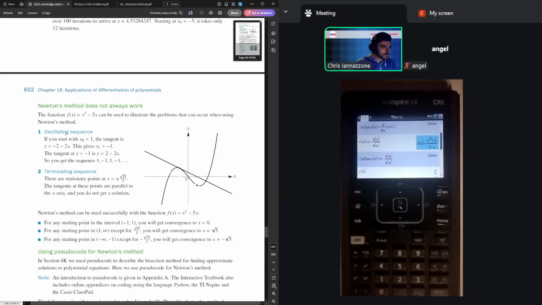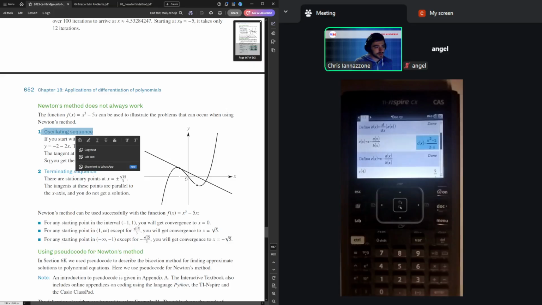The question that you get in the SAC or the exam won't necessarily be, hey, why doesn't Newton's method work? The one that I remember from an exam was something to the effect of, why would it be a bad idea to choose this starting point for Newton's method? And you have to go into your head and think, okay, there are some things that force it not to work.